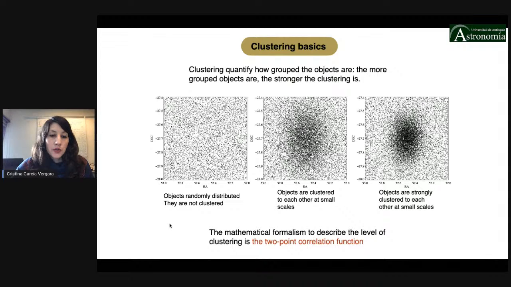But we also need a mathematical formalism to describe the level of clustering, how strong this clustering is compared with this one or compared with this one. And that mathematical formalism is the 2-point correlation function. I already introduced it a little bit yesterday, but I will repeat this now.